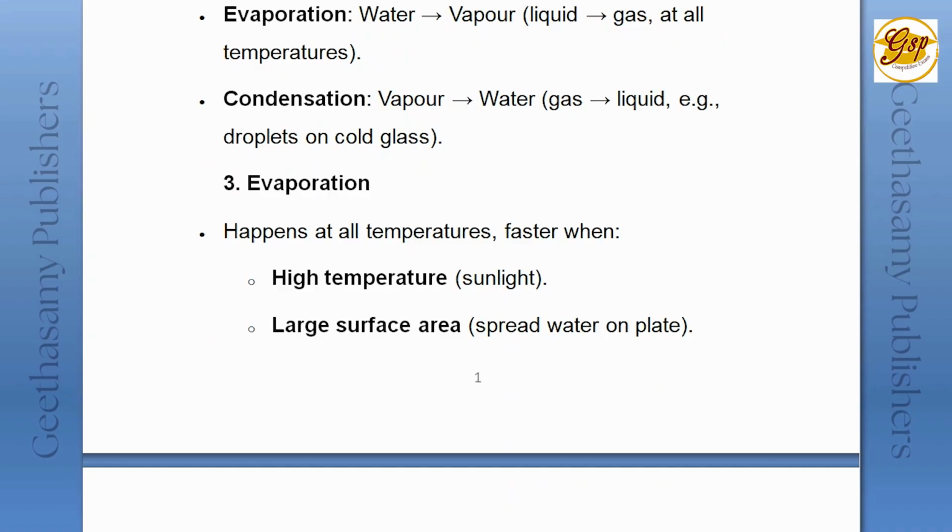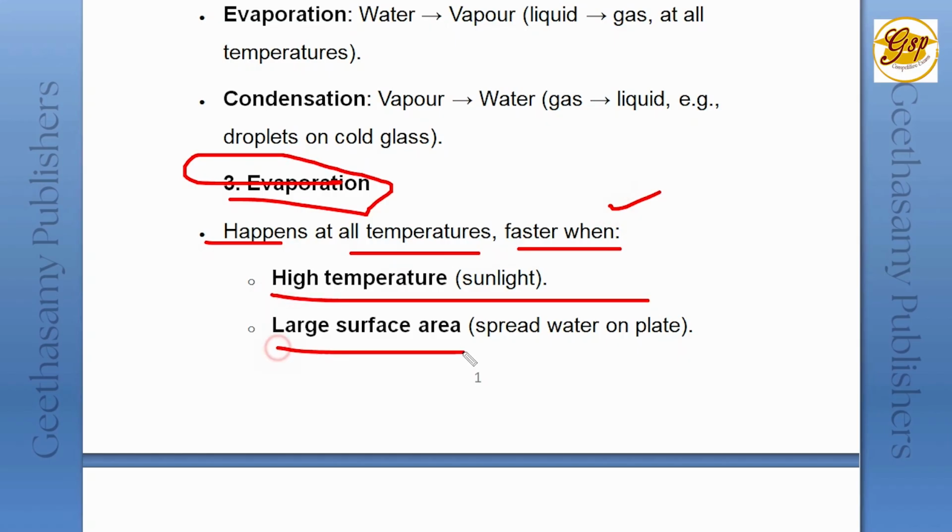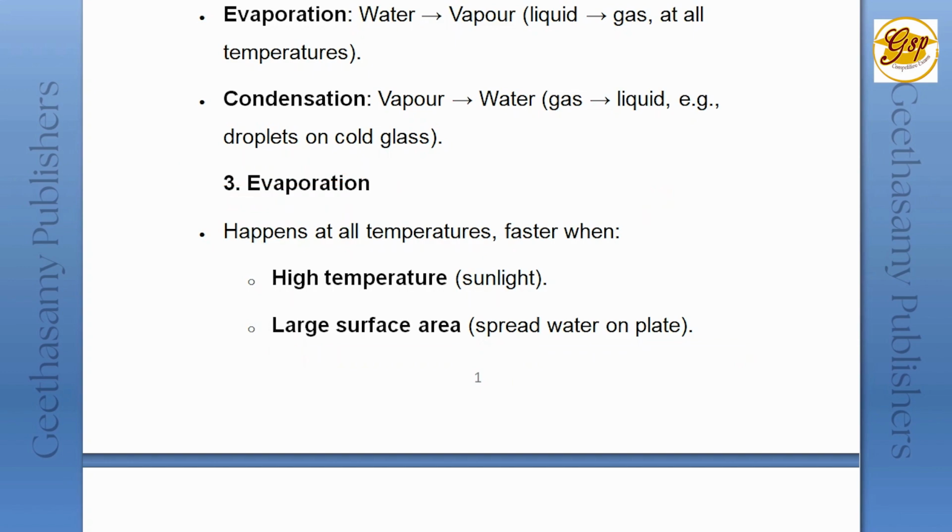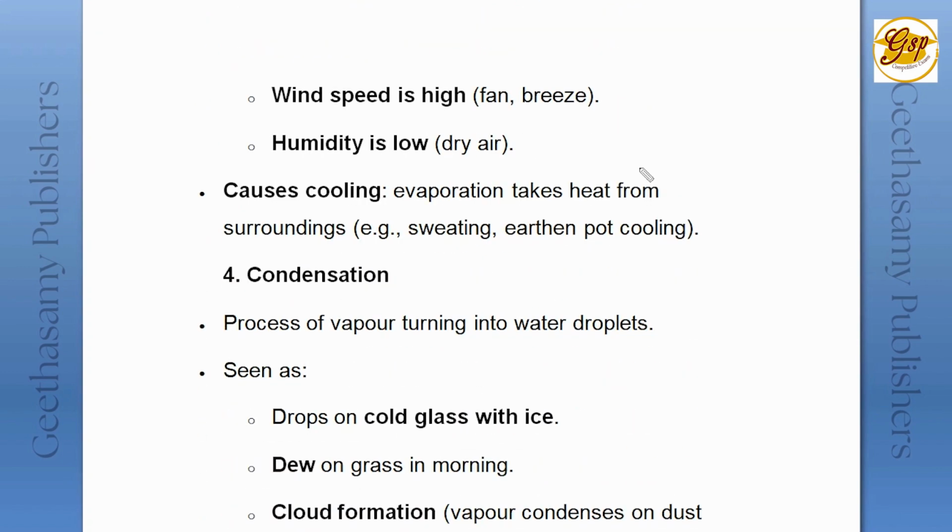Fine. Then evaporation happens at all temperatures, faster when there is high temperature, that is sunlight; large surface area, that is water spread in a plate; then wind speed, fan or breeze; and humidity is low, that is dry air.